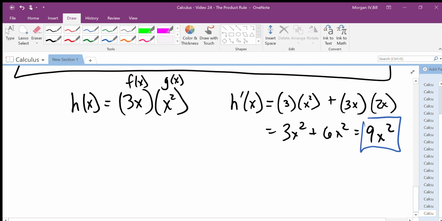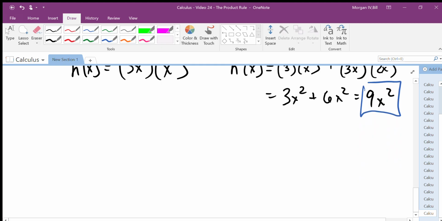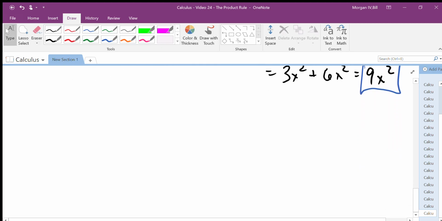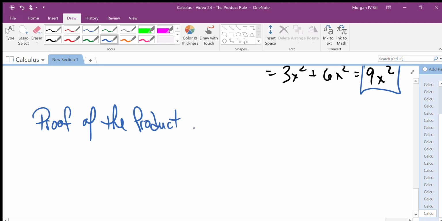All right, let's try to prove it. So we kind of showed that it works, but let's actually prove the product rule. Proof of the product rule.